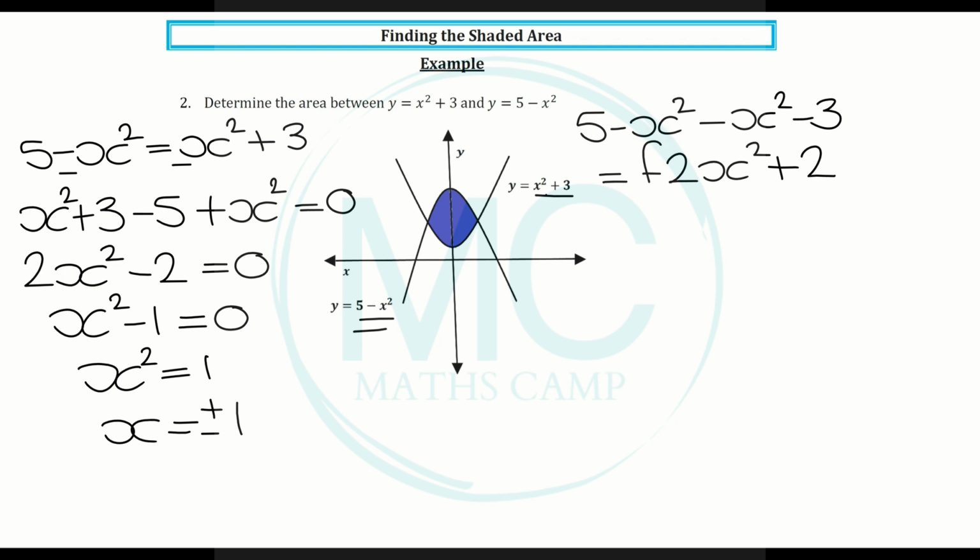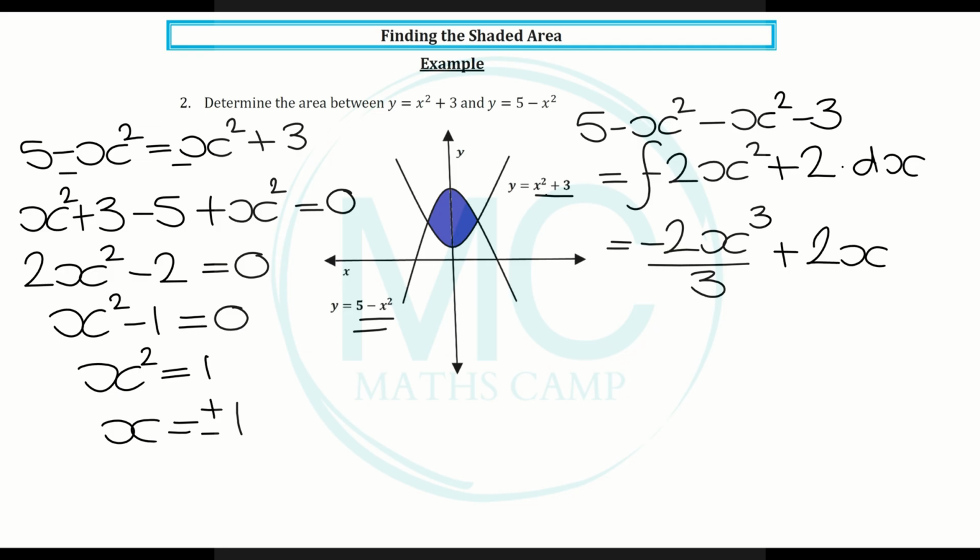This is the equation we need to integrate. So we can say -2, x with an exponent of 2 plus 1 gives us an exponent of 3 all over 3, plus our constant becomes our x term, becomes 2x. Now we need to substitute 1 and -1 into these values.